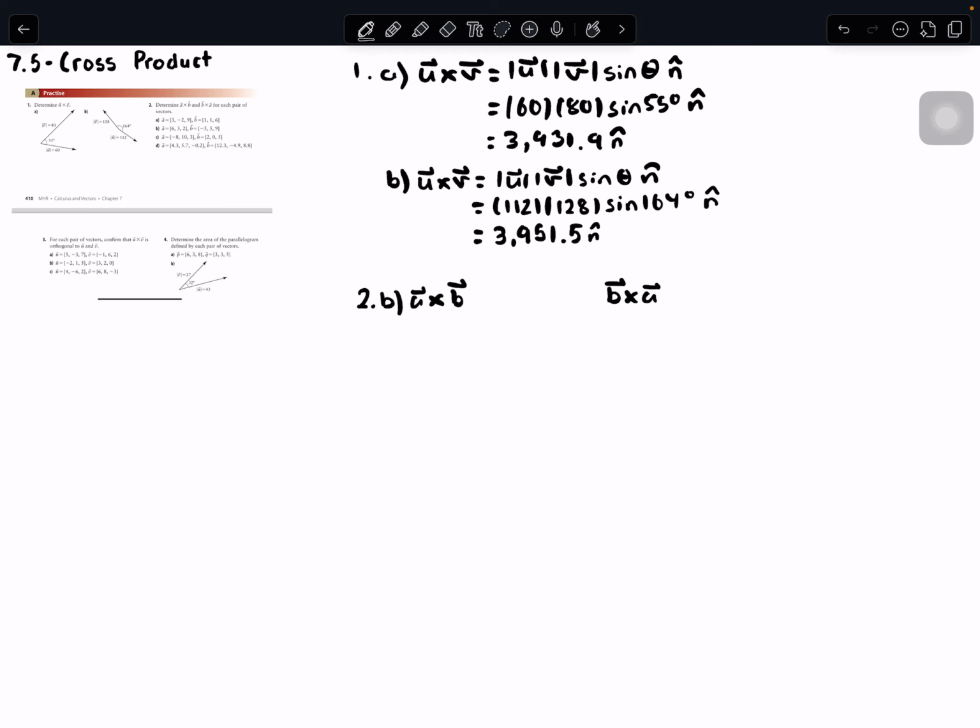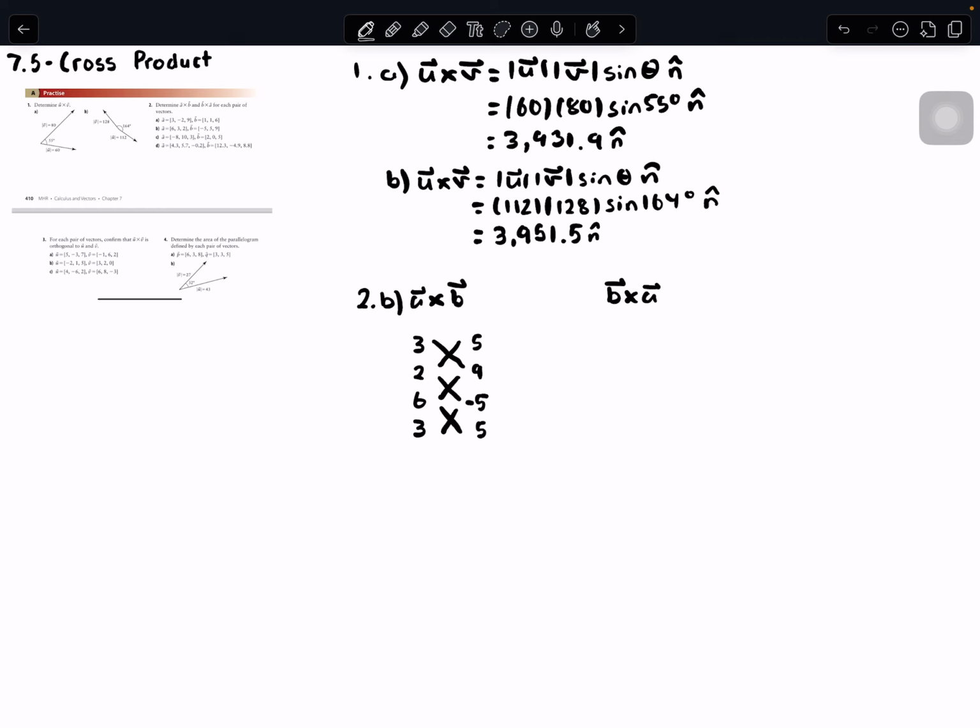So how you were taught in class was to do it like this. So you have 3, 2, 6, 3. You're starting from the second component, cycling back until you hit that second component again. Similarly for B, so we write 5, 9, -5, 5. Okay? And then we cross, cross, cross.